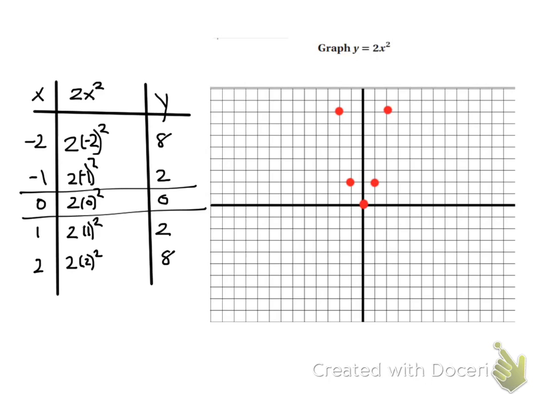Then we draw our line. Again, I start from the bottom. I don't start from the top and wrap around. Okay? And there's the graph of that. Notice it's stretched vertically, and that's because the A is greater than 1.